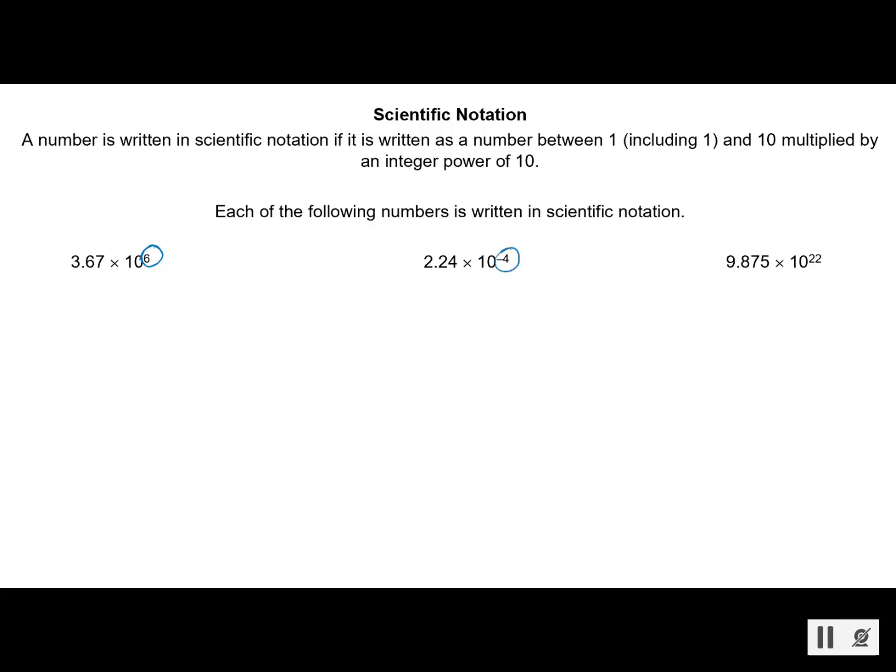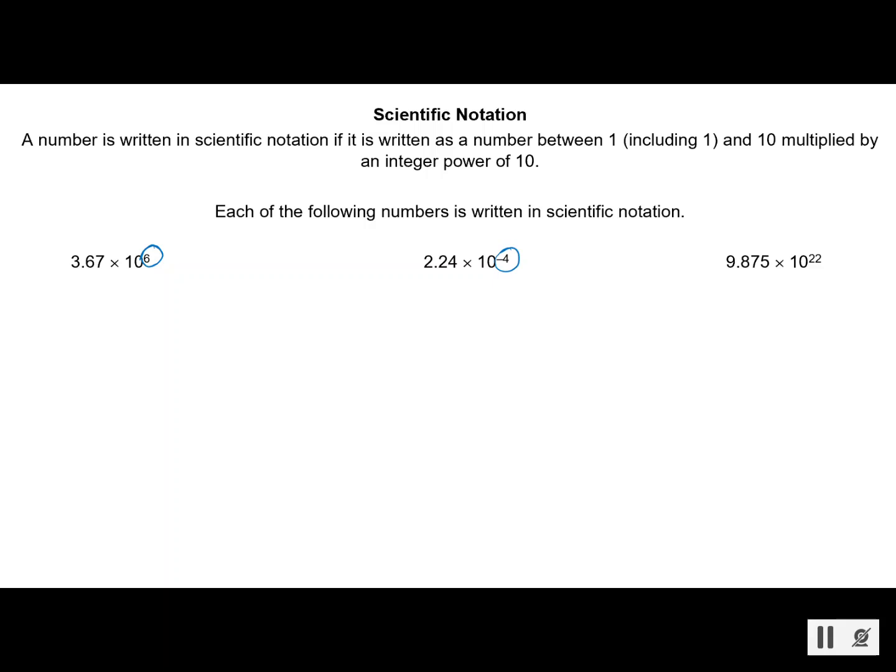Opposite of that would be when we look at the exponent of the 10. If the exponent of the 10 is a negative number, what kind of number do you think we're going to be working with overall? It's a smaller number, right? So when I'm looking at numbers in scientific notation, if the exponent of the 10 is a positive number, we're going to be working with a larger number. If the exponent of the 10 is a negative number, we're going to be working with smaller numbers.